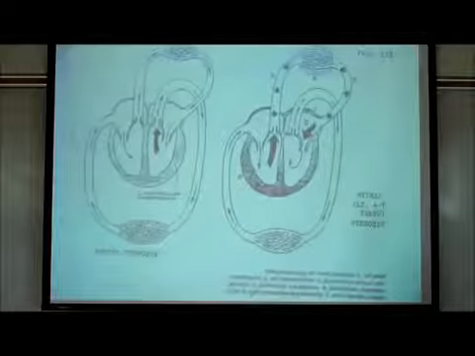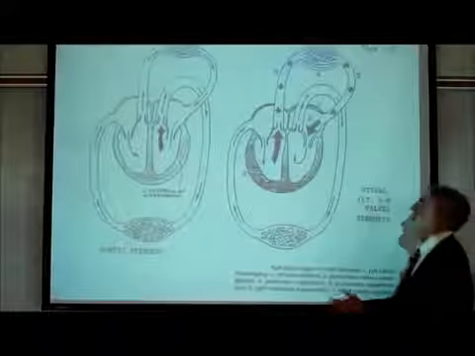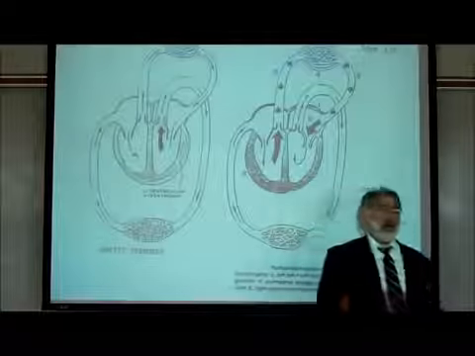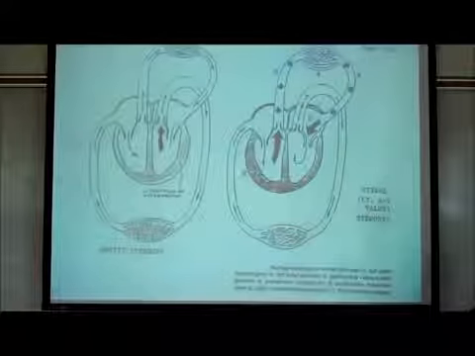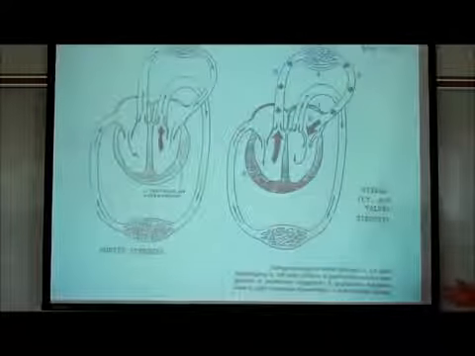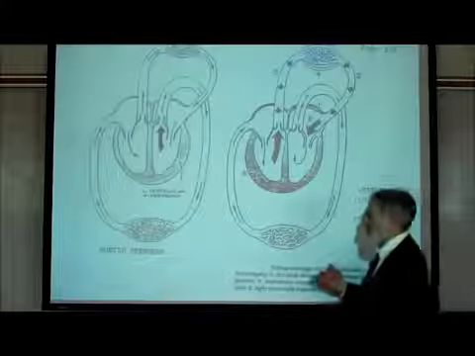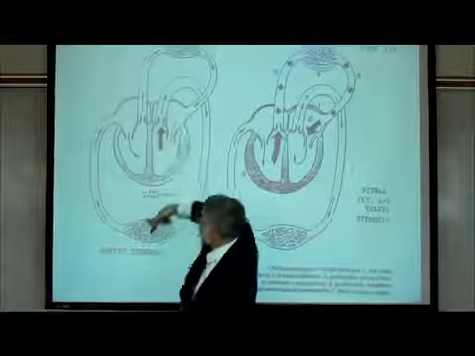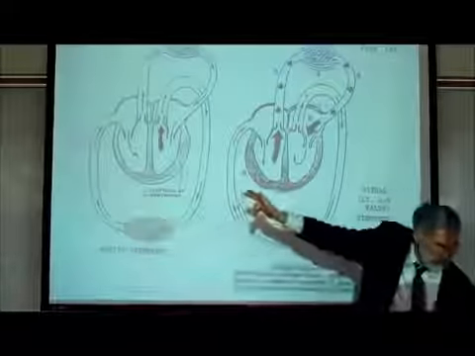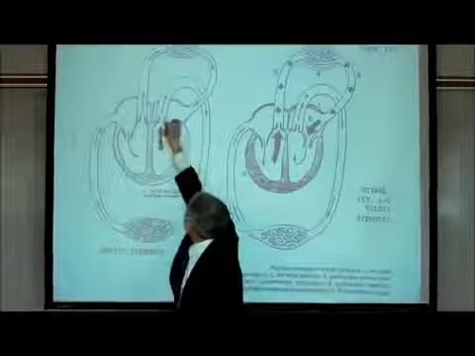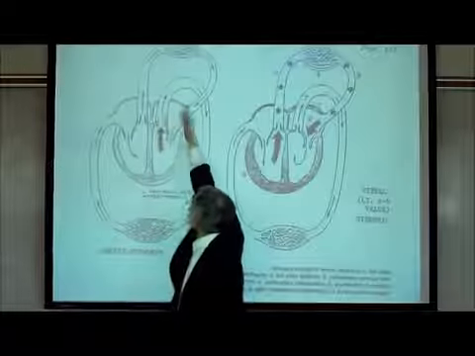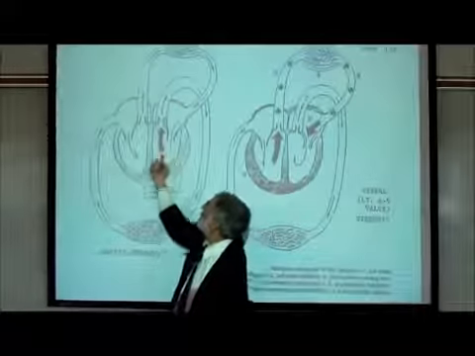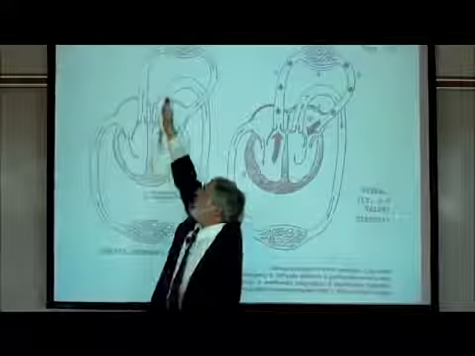Now, there are pictures at the top of the page. And I'm not going to take the time to go through each of these. This doesn't show every valve problem. It shows aortic stenosis and mitral stenosis, and it shows aortic insufficiency and mitral insufficiency. And it tries to convey that in this case, for example, on the top left on 178, because the aortic valve is stenotic, constricted, it doesn't open all the way, it's hard for the blood to go from the left ventricle into the aorta.